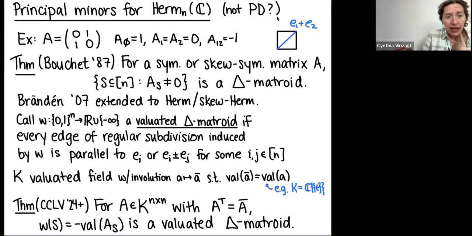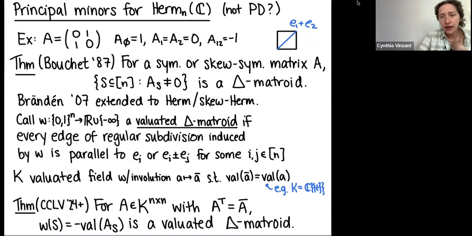In general, it's a theorem of Bouchet in 87 that if you have a symmetric or skew-symmetric matrix, and you look at the subsets that appear with non-zero principal minors, you get something called a delta matroid. And using the theory of stable polynomials, Petter Brändén extended this to Hermitian or skew-Hermitian matrices.